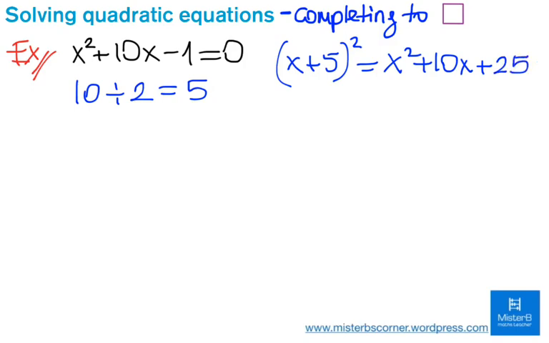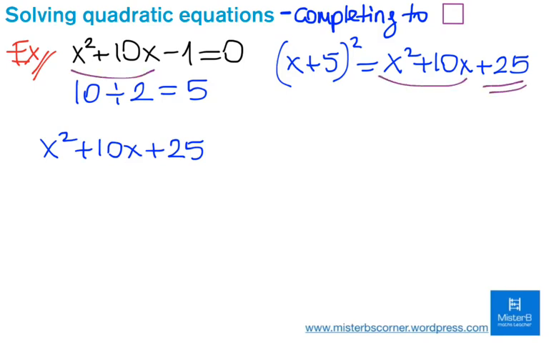And here the first two terms are the same. I have to make this 25 into minus 1, so I have to take away 26. Right, and this bit I can rewrite as x plus 5 squared minus 26.